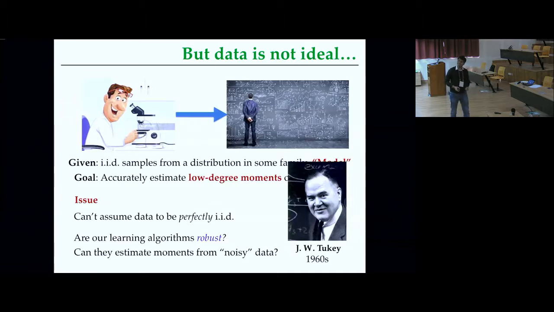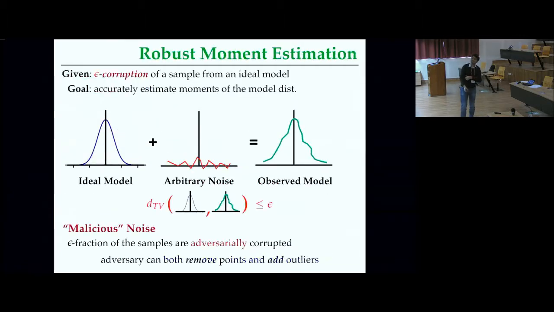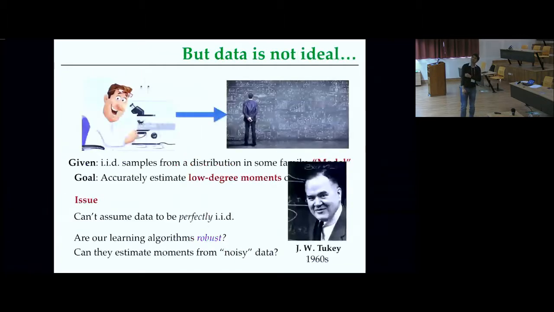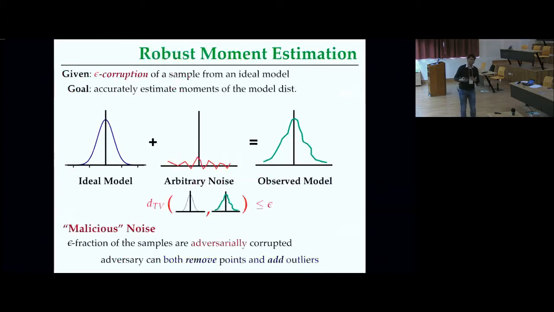So it turns out that this question was asked a long time ago by the famous statistician John Tukey. And they came up with a very concrete model for asking this question of what happens when you try to estimate moments from noisy data. So this is the model I'm going to be thinking about in the rest of the talk.